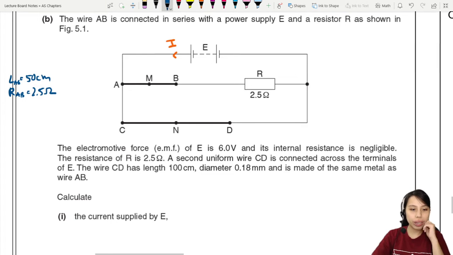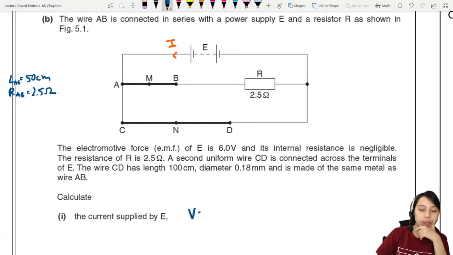Here's what we can use. We'll go with our V equals IR, but we need to modify it a bit. So this will be the EMF supplied, or rather the total, since there's no lost volts, equals I times R total. So that would be the current.